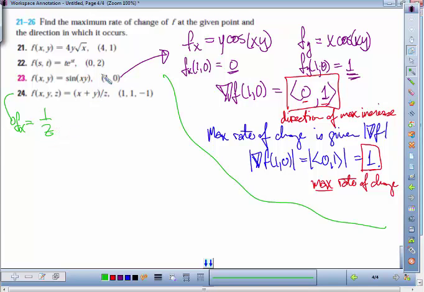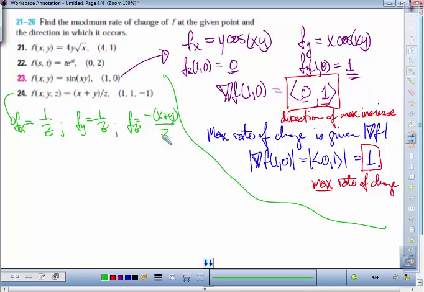So the best way to think about this is to split this up into 2 fractions, x over z and y over z. Maybe that'll be helpful. Fy will also be the same, I think, 1 over z. 0 plus 1, yeah. And fz, maybe it will fit. X plus y is a constant, and then you have 1 over z, derivative of 1 over z is negative 1 over z squared. So negative x plus y over z squared.